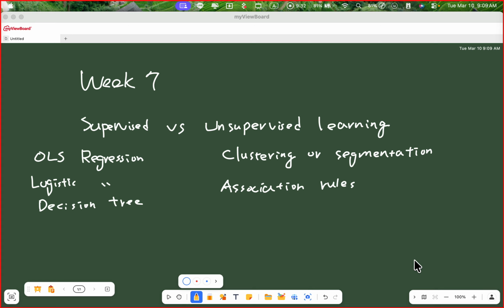How will you draw a regression line to represent 7 data points on a scatter plot? We have data points in 2 dimensions, x and y, and I have 7 data points: 1, 2, 3, 4, 5, 6, 7. So I want you to draw a regression line on the scatter plot.